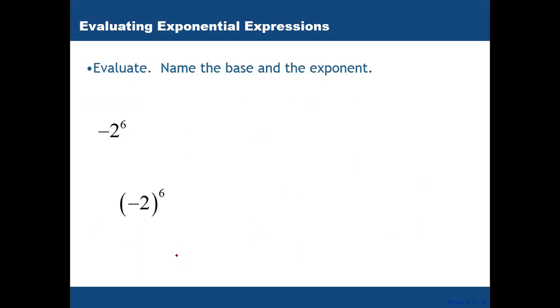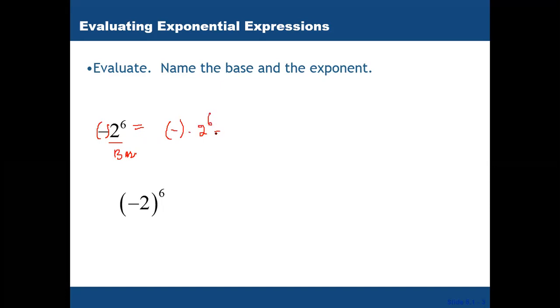Okay, we have an exponential expression like minus 2 power 6. You know that this 2 is called what? Base, and 6 is the power. So how can we write this one? First of all, we have the minus sign. If we write the minus sign separately, then we have 2 power 6.